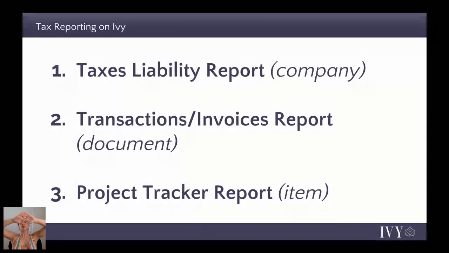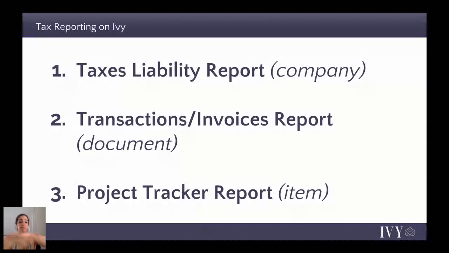So the most broad overview is the taxes liability report. And this will literally outline all the taxes that are owed as a company. What this means is you will see all of the products and services that you've marked as taxable. And then according to those tax agencies, remember I had LA and New York, how much money is owed.